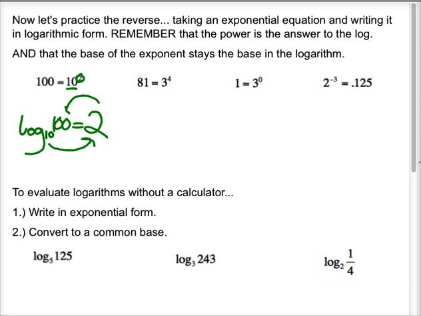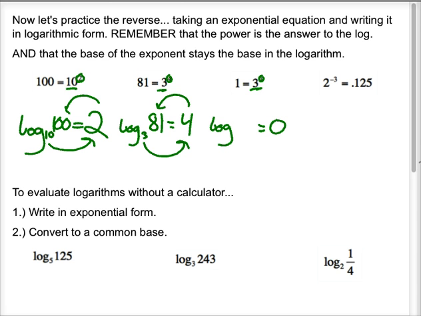Let's try it again. So remember, if I'm writing in logarithmic form, my exponent is my answer. The base is still the same. So this is going to be a log base 3. And I'm taking the logarithm of that number 81. And again, let's check this. This is telling me 3 to the 4th power is 81. Is that where I started? Yes, it is. All right. My exponent is my answer. Log, and then those bases stay the same.